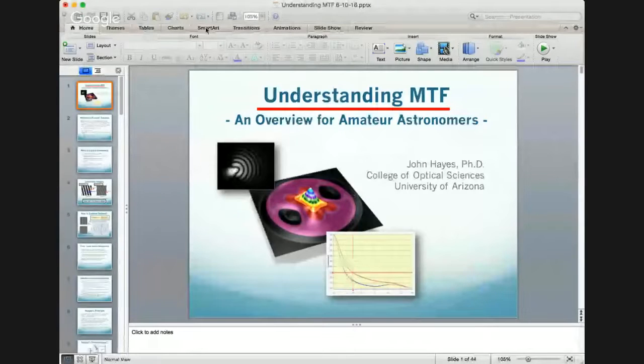Let's see if we can get the screen share going here. Just bear with me for a second. Should be sharing the screen here. Do you see Understanding the MTF on the screen there? Yes, I do. And it should go full screen. It hasn't gone to full screen, so make sure you're sharing your full screen or desktop, whatever it says for you. We have this trouble every time I come on.